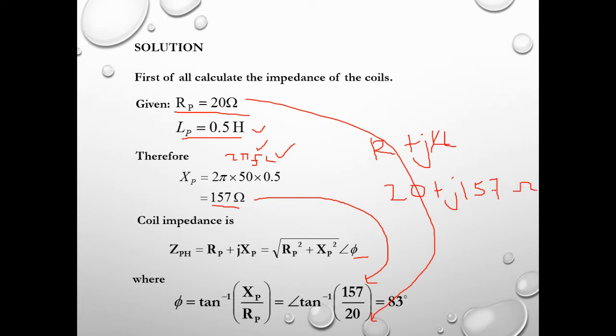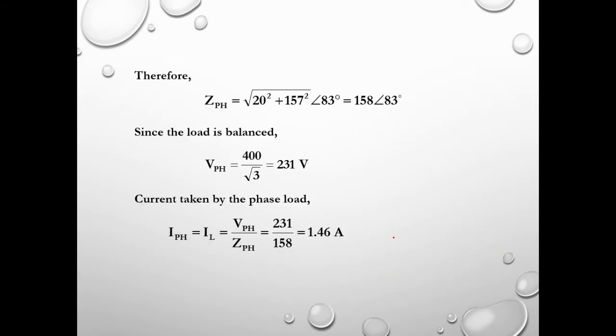Then simply transform all this into polar. Therefore, for the phase impedance, we have 158 at the angle of 83 degrees.